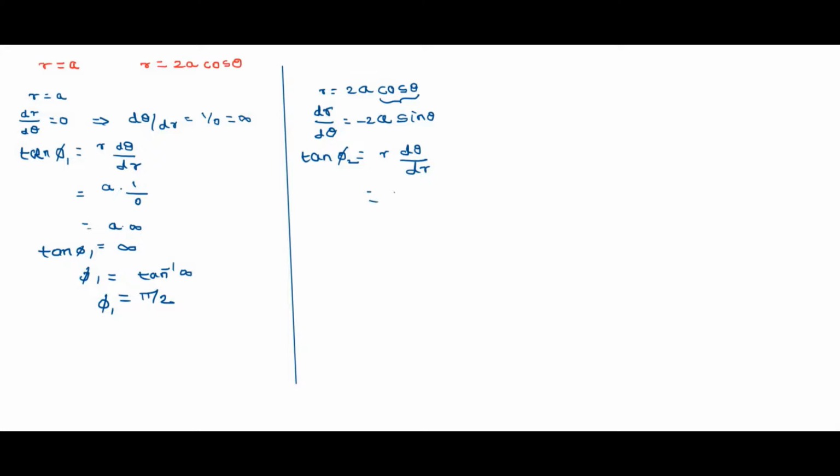The value for R is equal to 2A cos theta, into d theta by dr, which means the reciprocal of this equation. The reciprocal is equal to 1 divided by minus 2A sin theta, where the 2A and 2A get cancelled. I will write minus as it is. Then cos theta divided by sin theta, which is equal to cot theta.